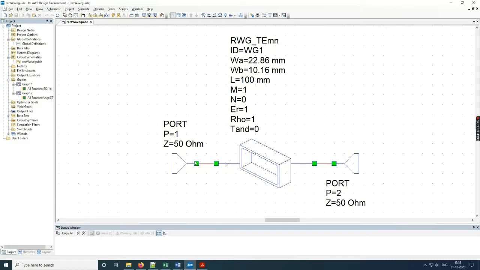So what I have done is I have fed this waveguide, which has dimensions of 2.28 centimeters by 1.01 centimeters. It is exactly the same as the waveguide that I have shown you in the lab in the earlier part of this video, and I have taken the length of this waveguide as 100 millimeters.